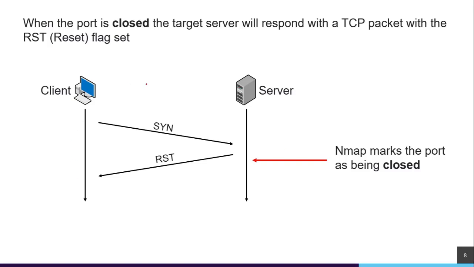So Nmap, as always, starts with a TCP packet with the SYN flag set and sends it to the server, and then if the port is closed, the server responds with a TCP packet with the RST flag set. When Nmap receives such a packet, it marks the port as closed.